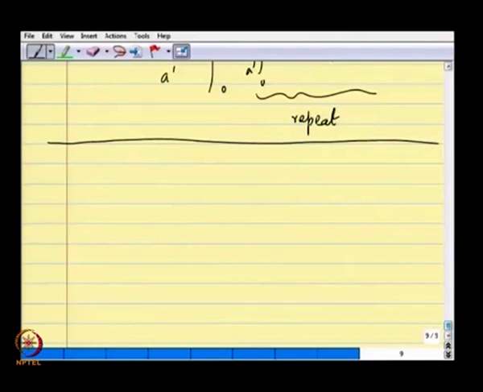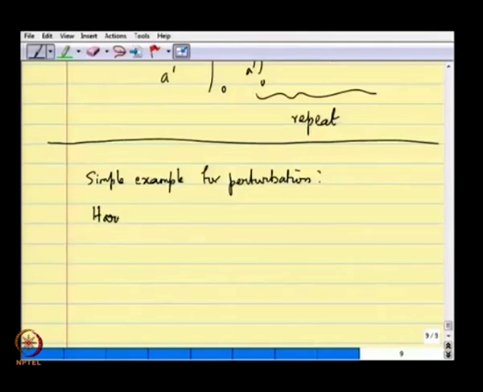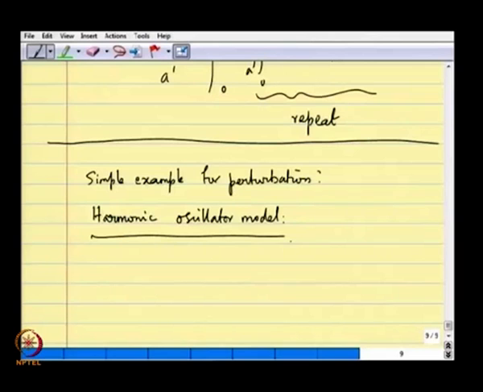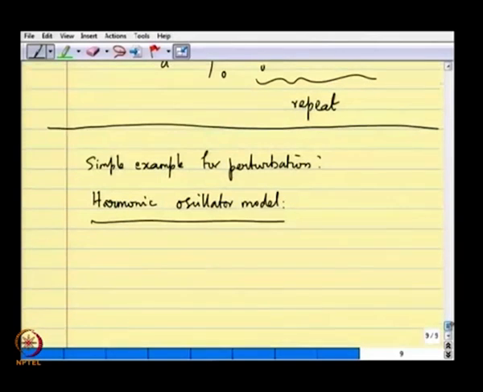The next simple example for perturbation, we shall look at the harmonic oscillator model. Okay. And we know the solutions of the harmonic oscillator. If you do not, please go back and look at the solutions.